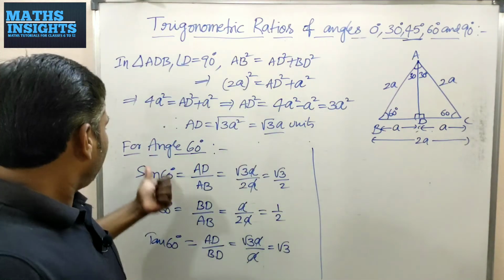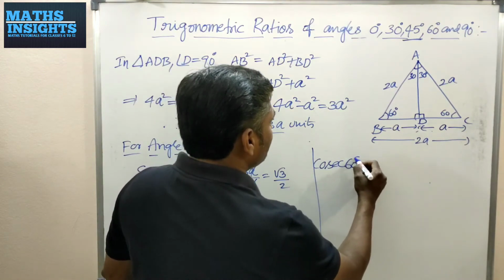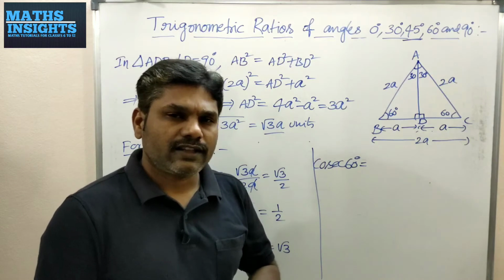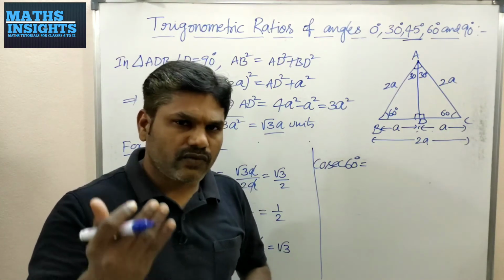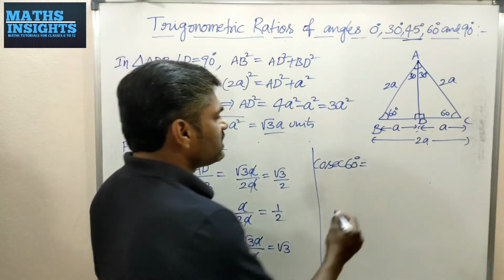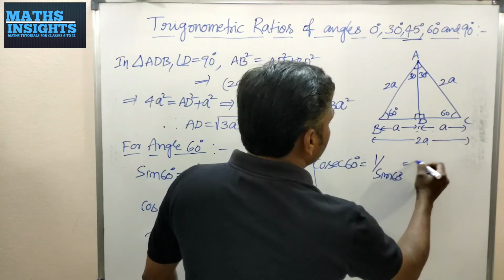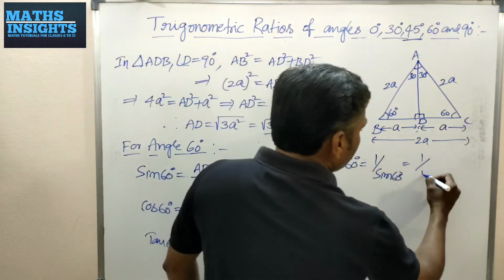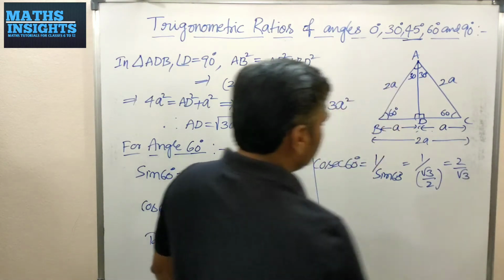Next, cosecant 60. You know cosecant and sine are reciprocals to each other. That means if you know value of sine, you can get cosecant. If you know cosecant value, you can get sine value. Therefore, cosecant 60 is 1 by sine 60, that is 1 by root 3 by 2. Then it will become 2 by root 3.